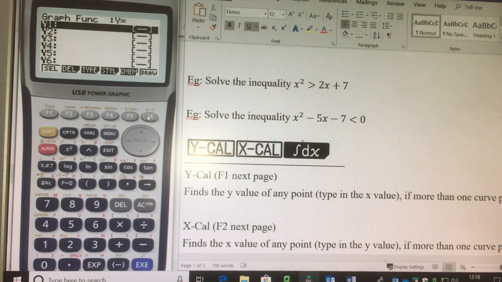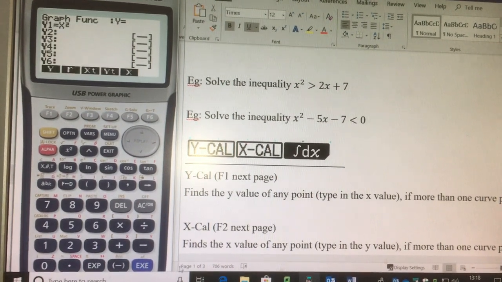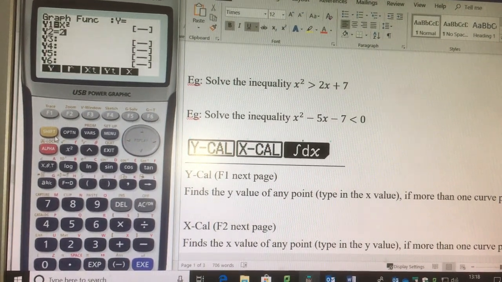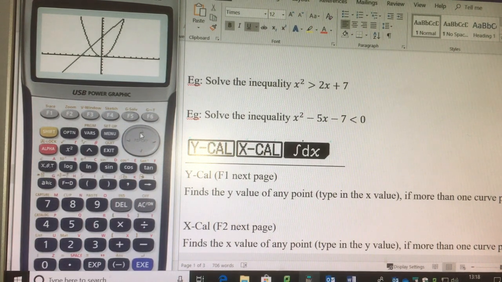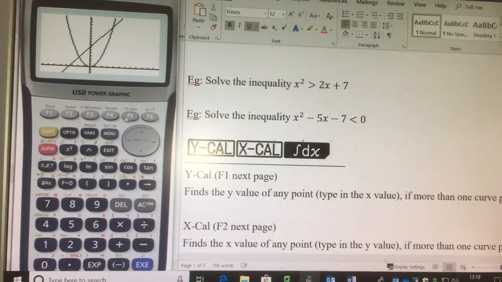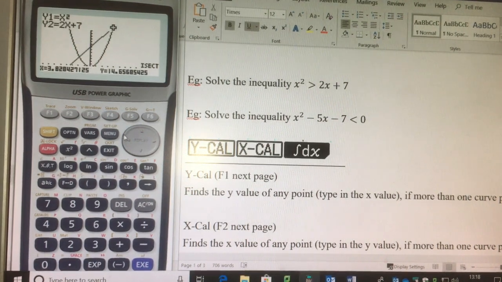Yeah, so we're going to plot those as two separate curves and just look for when x squared is greater than the other one. So if I plot x squared first, and then plot 2x plus 7, draw those, we're going to try and find when it's greater than, so I'm going to find the intersects, which is here and here, and we want x squared to be greater.